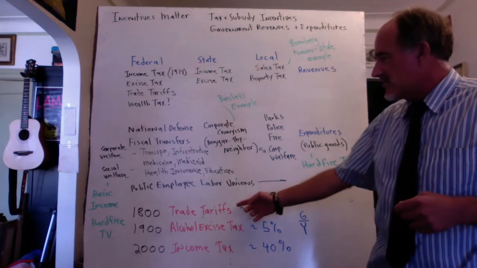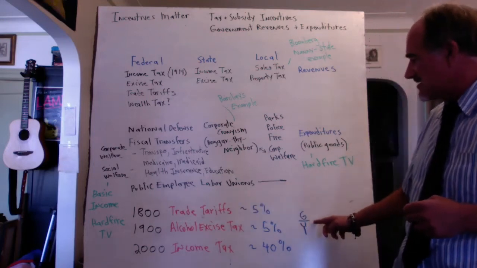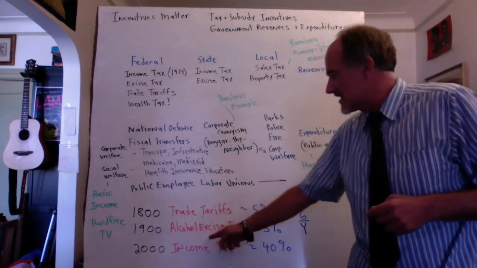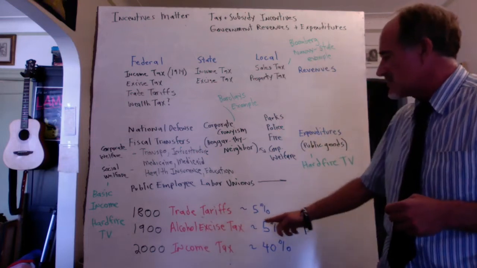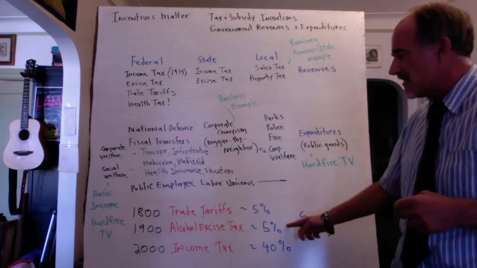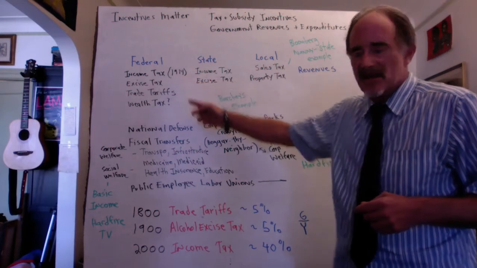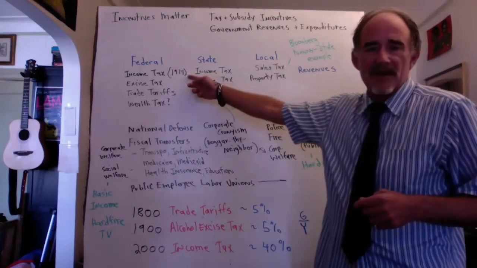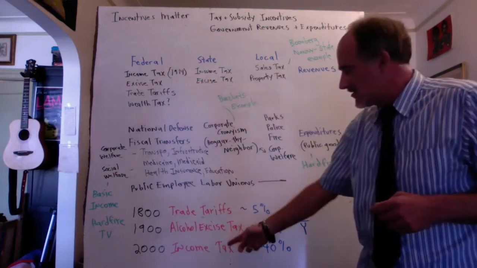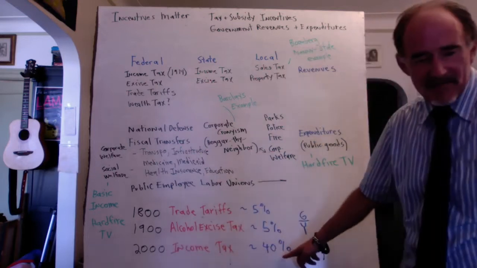So in 1800, the largest source of revenues for the federal government was trade tariffs, and the size of the state in the economy was only 5%. In 1900, alcohol excise tax was the largest source of revenue for the federal government, and again, the state was only 5%. Then in 1914, you get the income tax and the creation of the central bank and the end of the gold standard, and now the largest source of revenue for the federal state is the income tax, and the state is up to 40%.